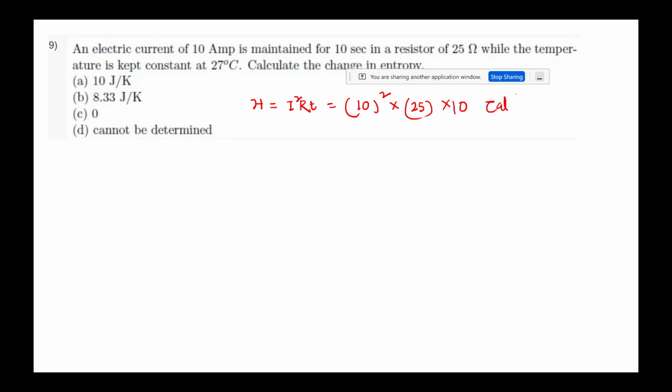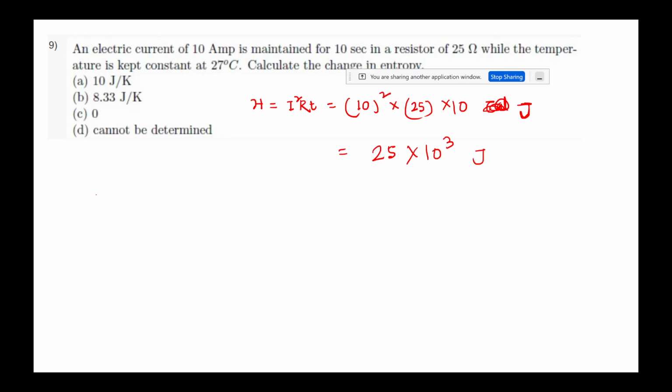Electrical heating. Okay, so this is called Joule's equation, right? So this will be joule. Now, if that is the case, this is 25 into 10 to the power 3 joule.